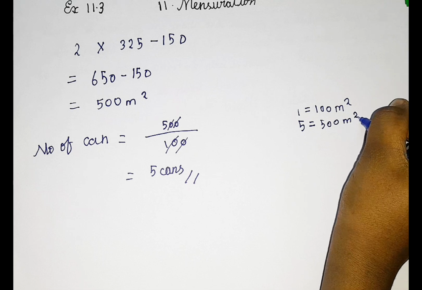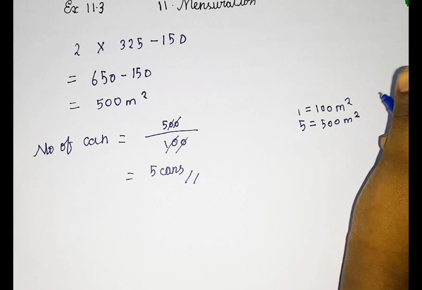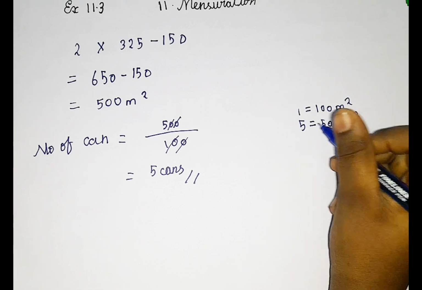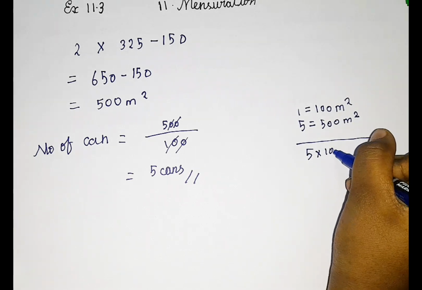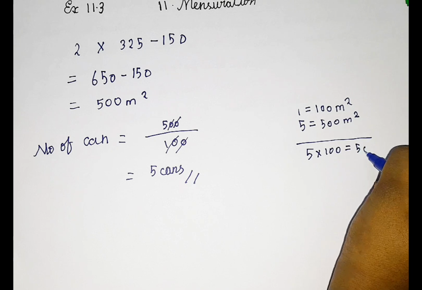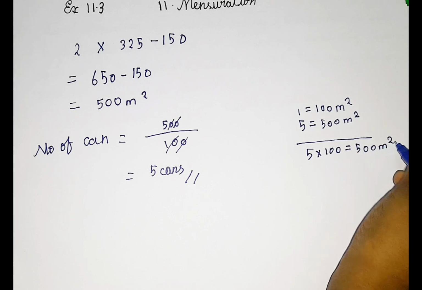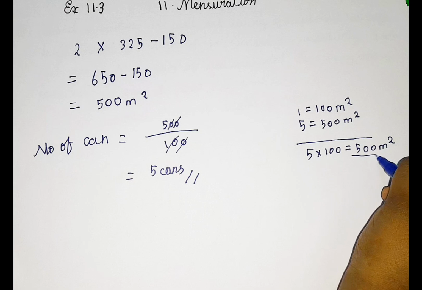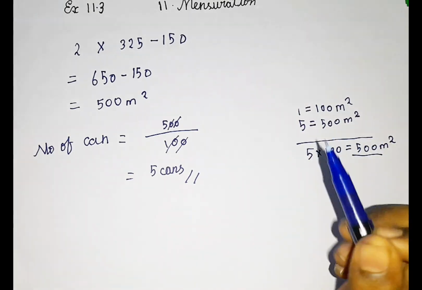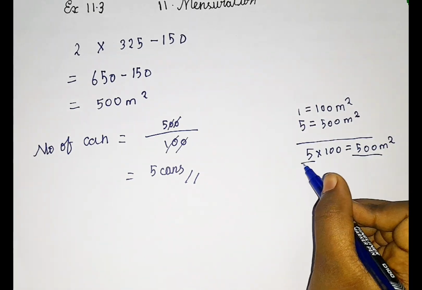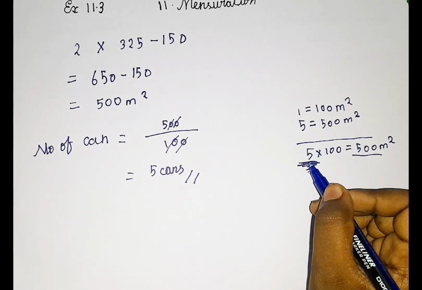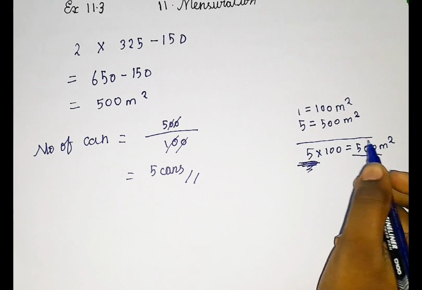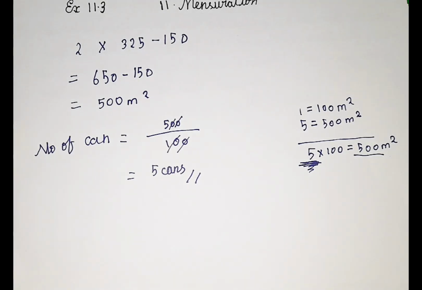So using this idea also you can do it, because for 1 can 100. So for 5 cans how much? 5 into 100, which is equal to 500 meters square. So we got the 500 here. With which number did we multiply? 5, right? So we can write 5 cans, with 5 cans we can cover 500 meters square. So this is the answer.